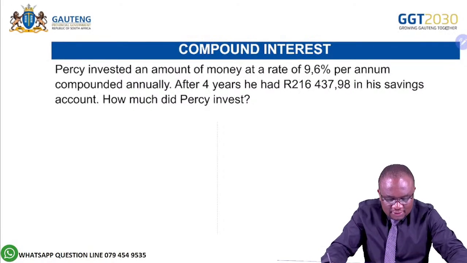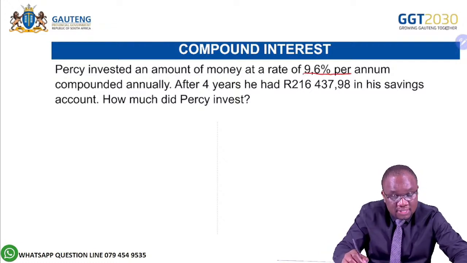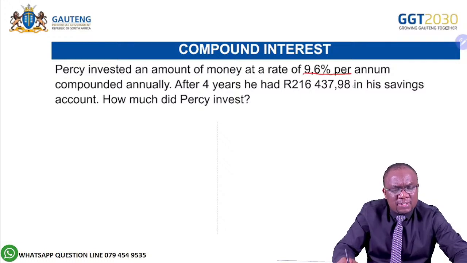Right, welcome back, grade 10s. Percy invested an amount of money at a rate of 9.6% per annum compounded annually. After 4 years, he had 216,437 rand and 98 cents in his savings account. How much did Percy invest? What are we looking for here?